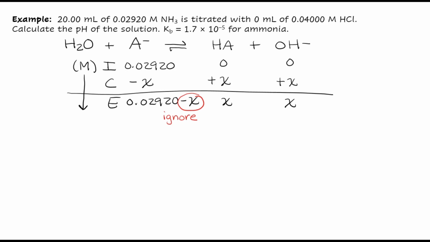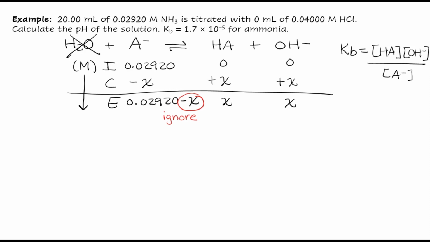Because this is an equilibrium for a weak base, we need to use the mass action expression for Kb. So I'll write that out over here. Kb equals HA times OH-, those are the products, over reactants. And we only include the A- because the water doesn't enter into the mass action expression because it's a pure liquid.